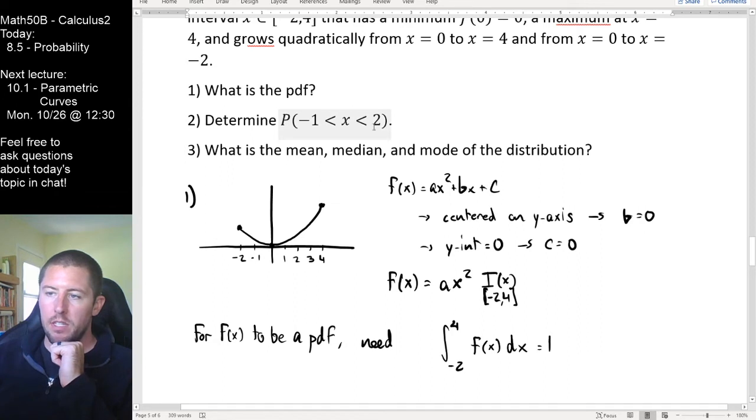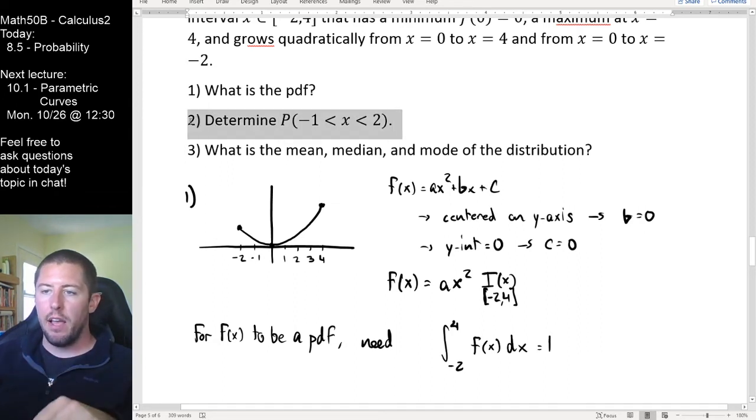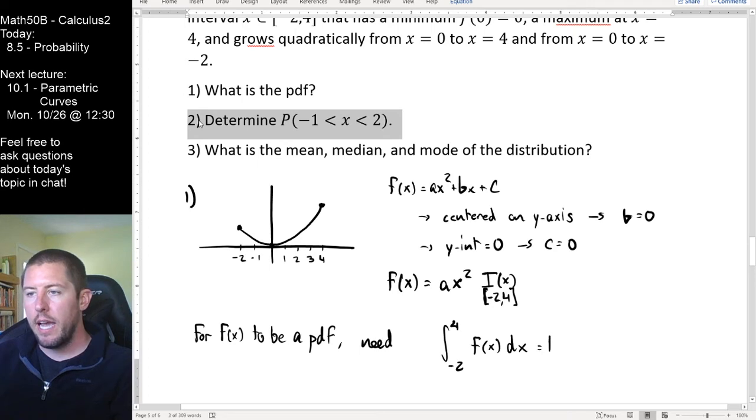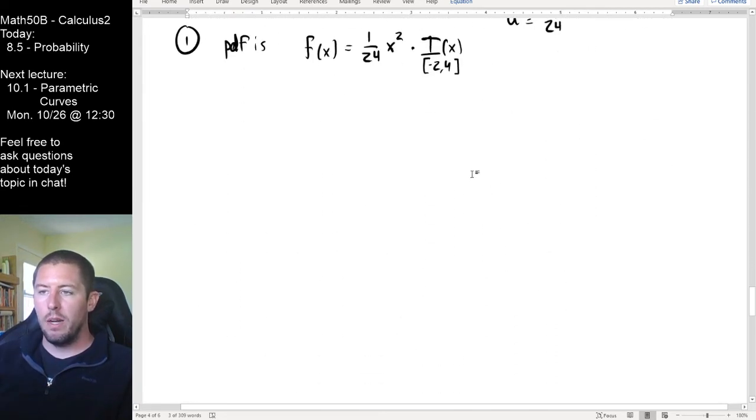Next up, I'm interested in determining the probability that our x value, if we were to randomly select an x value from this distribution, what is the probability that it will be between -1 and 2?